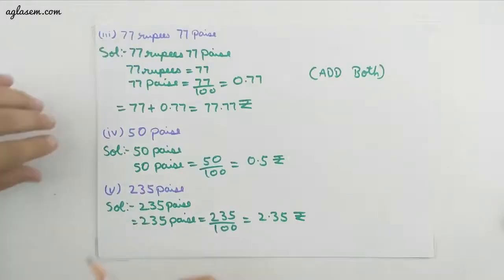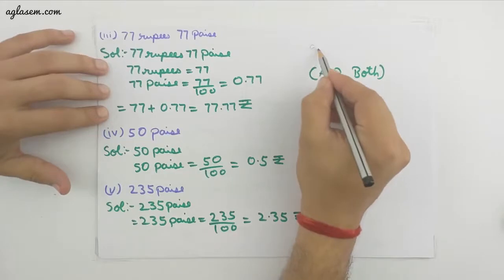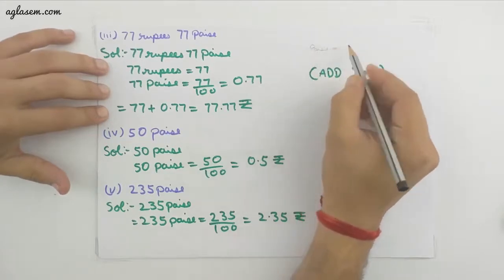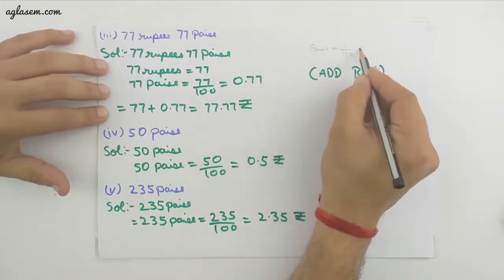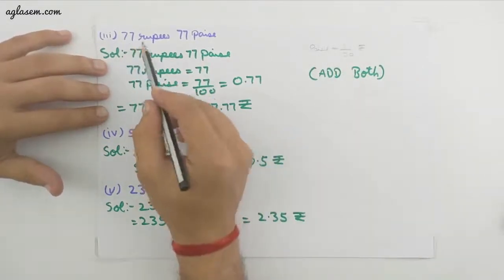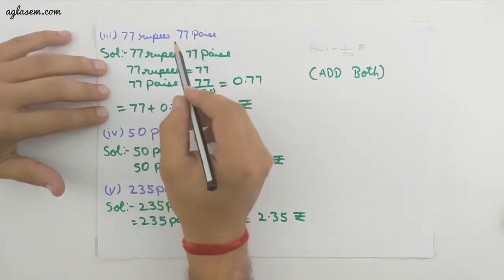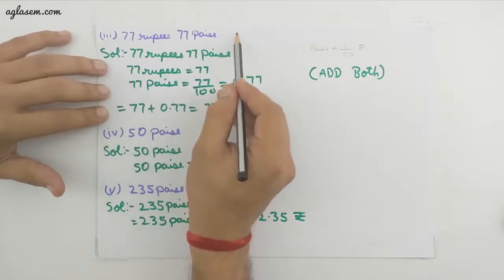Moving to the third part of the same question, we have to keep in mind that 1 paisa equals 1 upon 100 rupees. We will use this formula. So we have 77 rupees 77 paisa. We have to convert them into proper rupees.